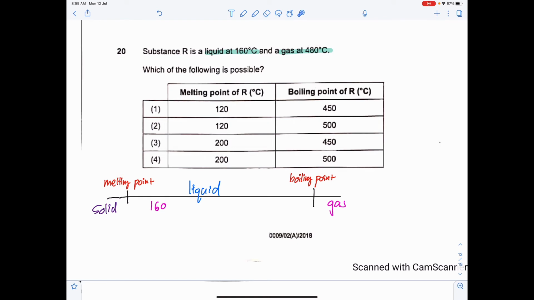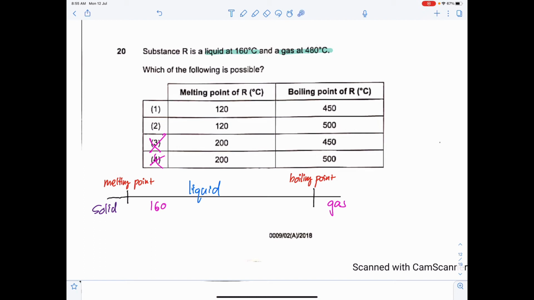Because if it's higher than 160, it will not be a liquid. It will still remain a solid. So therefore, anything that is below 160 is a plausible answer. Anything that is above 160 is not. So when you look at the first column here, right off the top, straight away you can go ahead and cross out option 3 and 4.